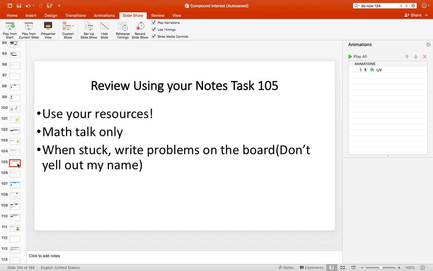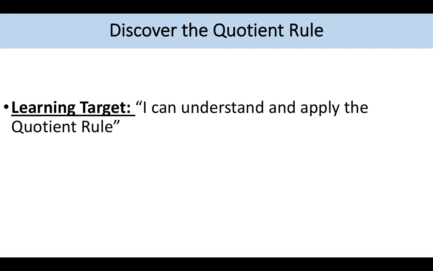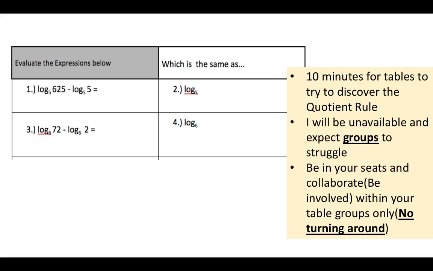I'm going to jump right over to the quotient rule. That is your second note that we discovered last week. Again, this resource was given in green, and the learning target was: I can understand and apply the quotient rule. Again, I gave the class these tables to investigate before they actually came up with the rule.